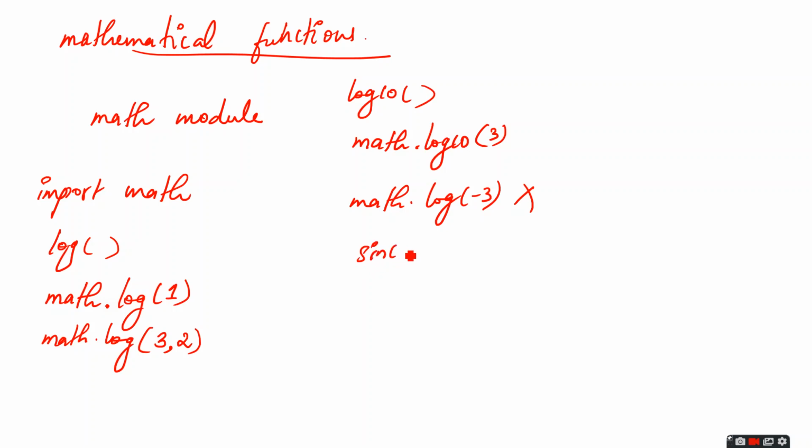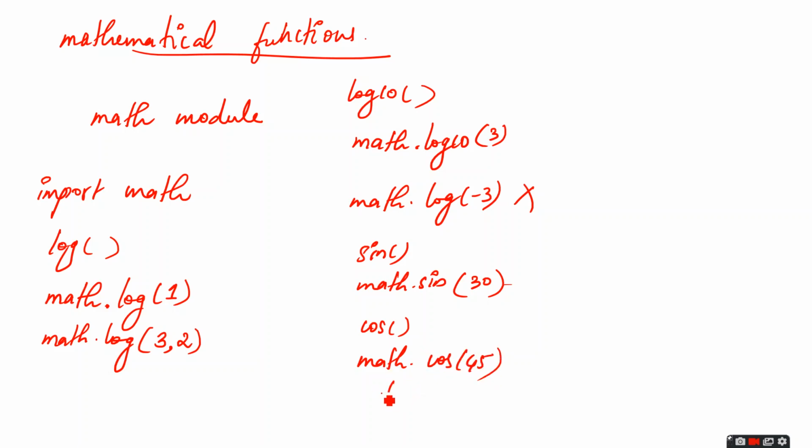Next is the sine function. In order to get the sine value, we can write math dot sin of 30, so we'll get the value of sin 30. Then cosine. If we want to get the cosine of a number, the cos function is there. We can write math dot cos of 45, and we will get the value.